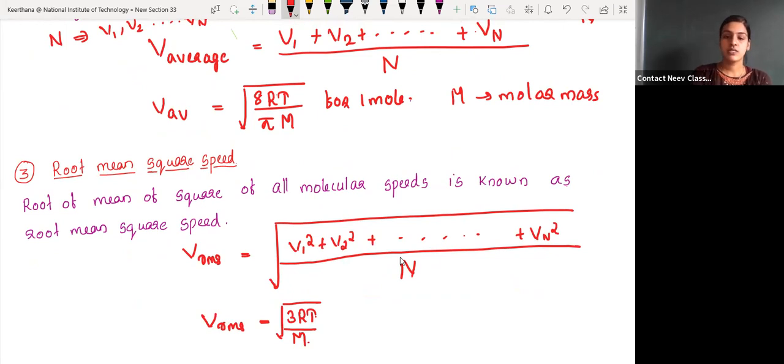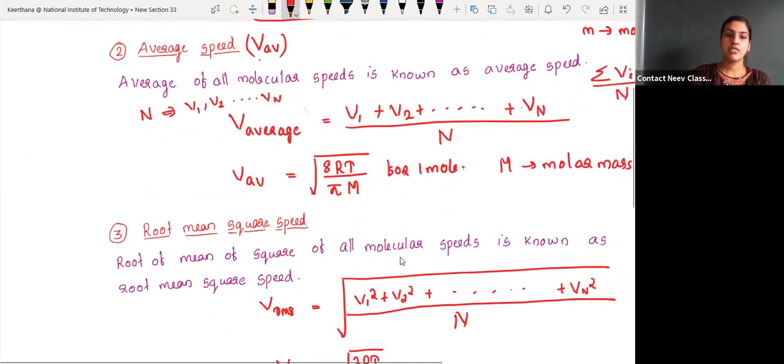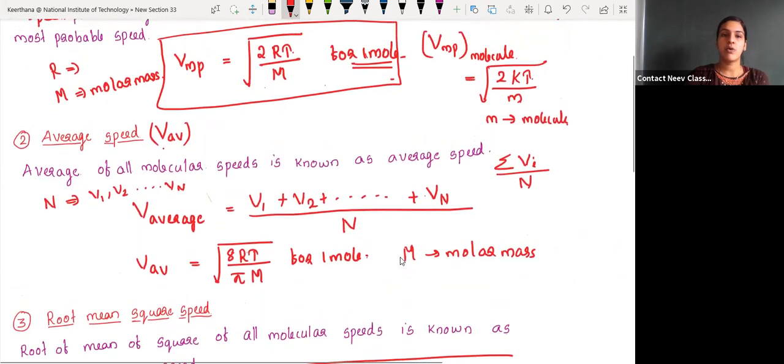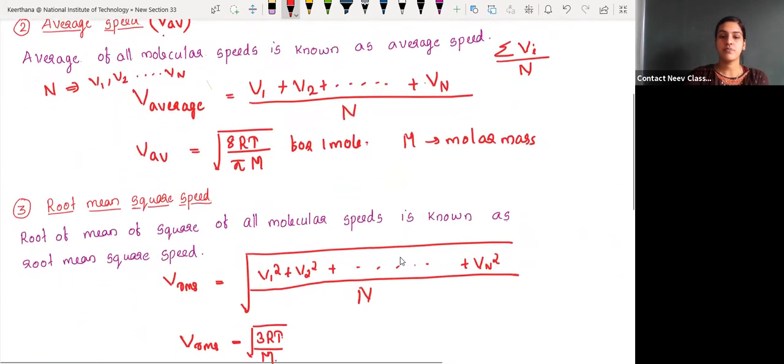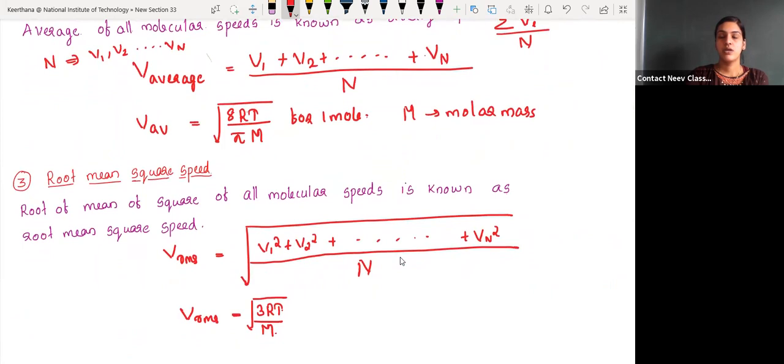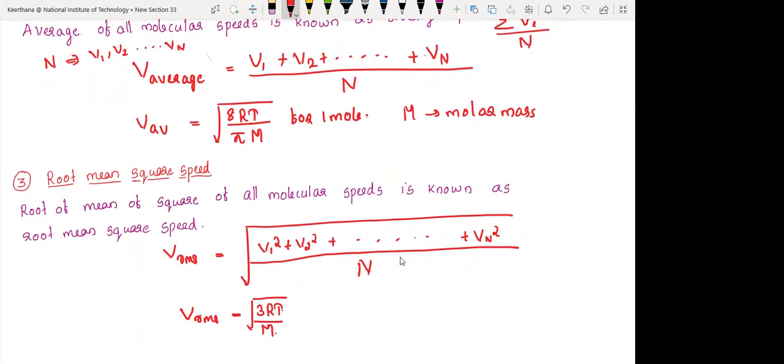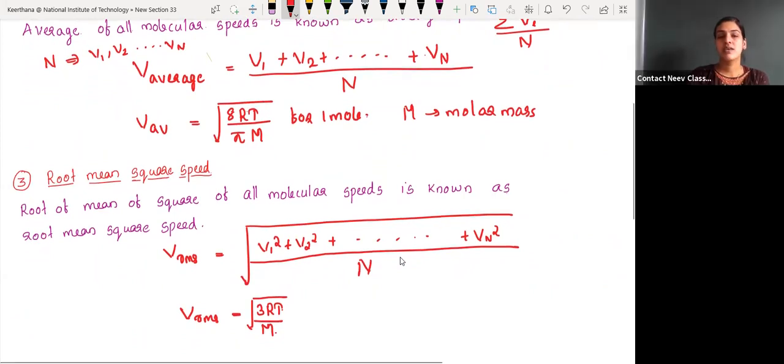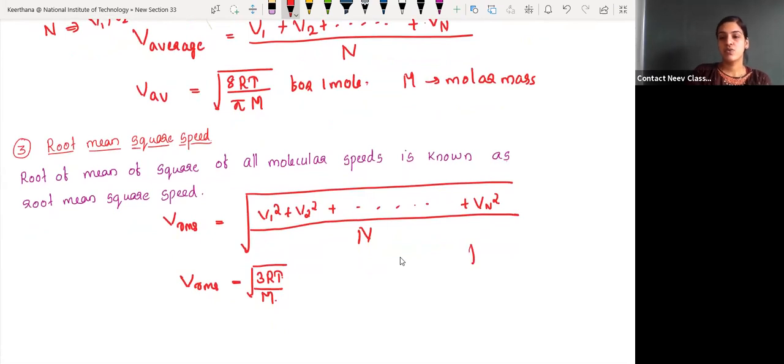So which one is highest: average speed, root mean square speed, or most probable speed? Which one is higher? RMS, right? Vrms is higher. Can you repeat the question?